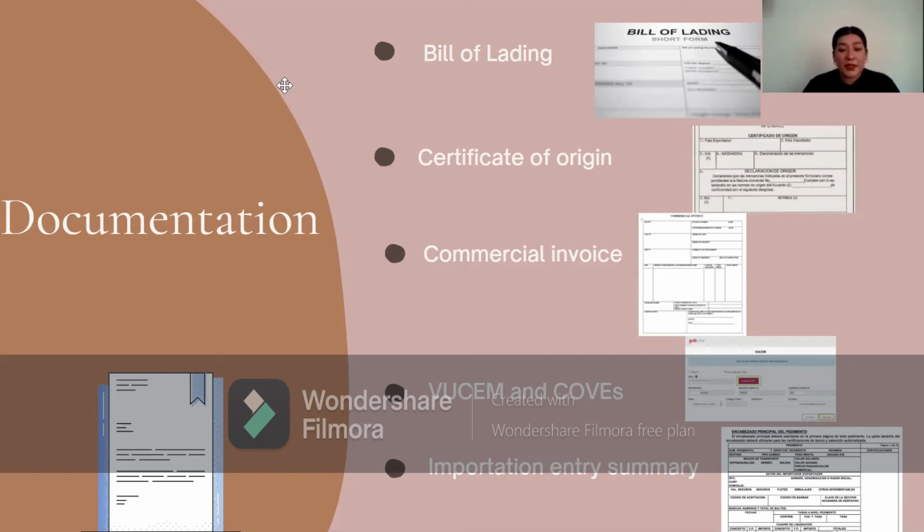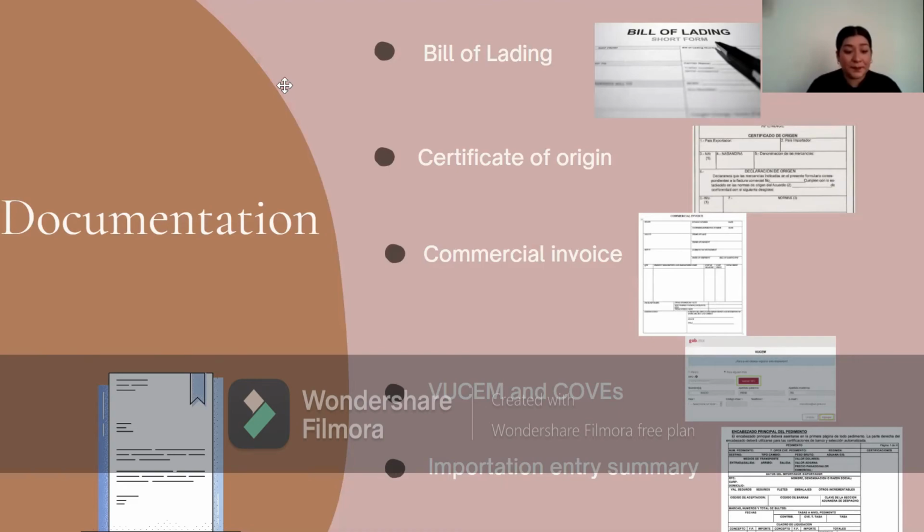Then the import declaration. This can be an import entry summary, that is the pedimento. And this is an electronic document which will help us to prove that our merchandise is legally here in Mexico. And these are briefly all the documents we need for the importation of our product.